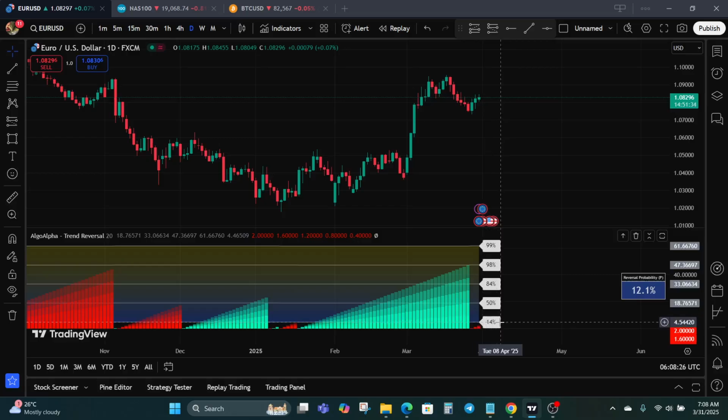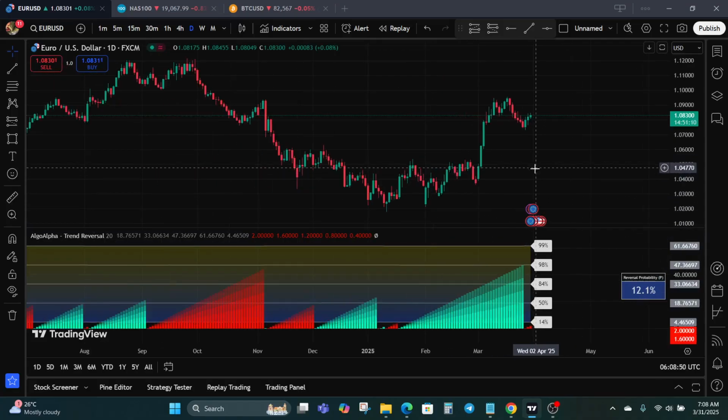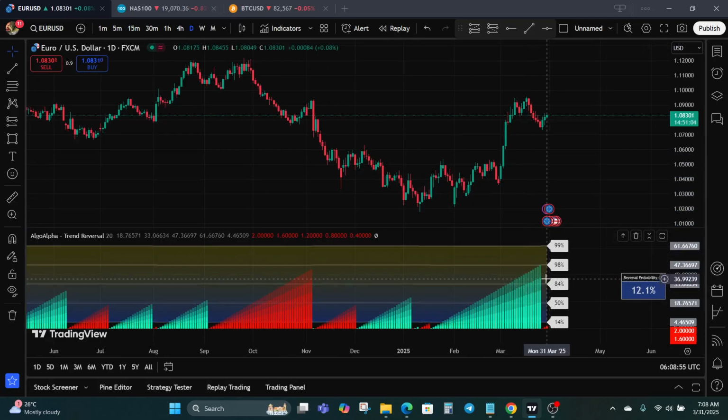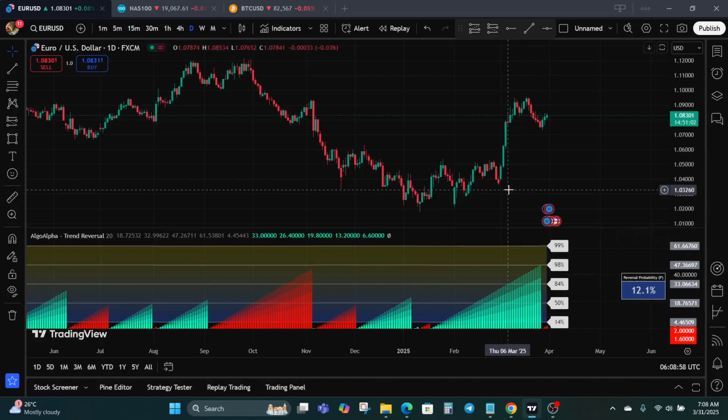There are different marks: 14%, 50%, 84%, 98%, 99%. If these bearish histogram bars rise above 50%, then you're going to be having a 50% chance of a reversal. The higher it climbs, the higher the probability of a reversal. But right now, a bullish move is more likely, given prevailing conditions in the market.